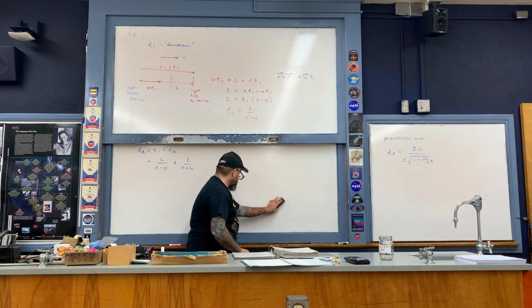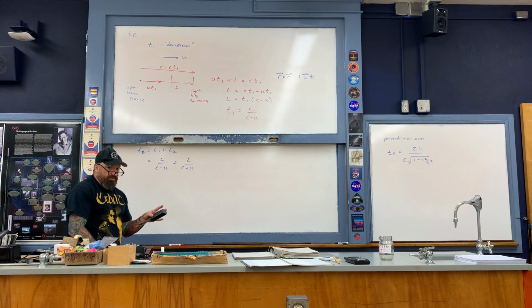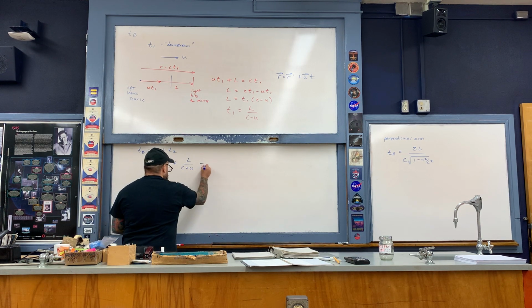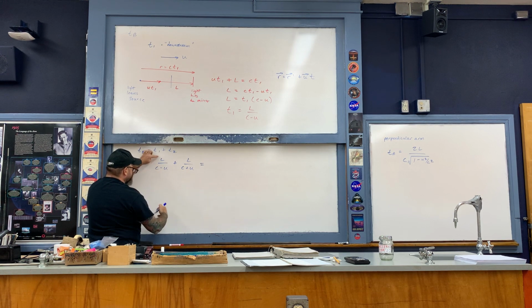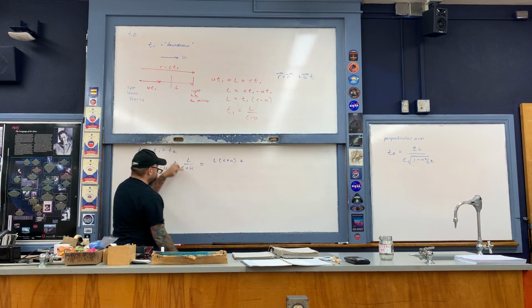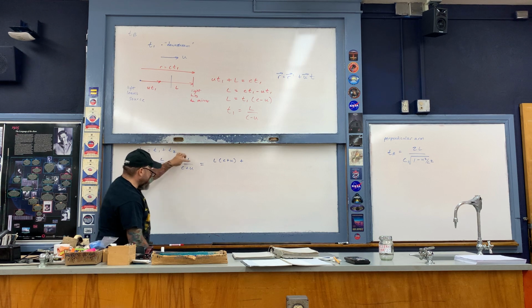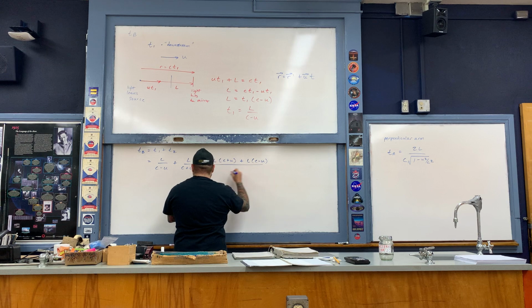Okay, now let's add the two together by getting a common denominator between them. So the common denominator is going to be these guys multiplied together. So then therefore here in this term, I'm going to have L times C plus U. And then for this numerator, I'm going to have L times C minus U. And then I have my common denominator like so.